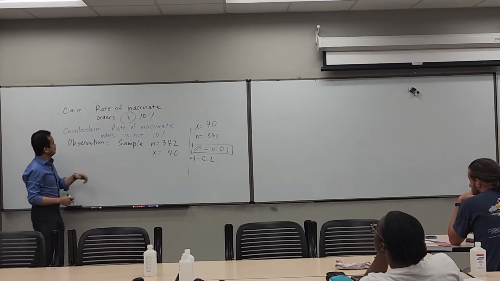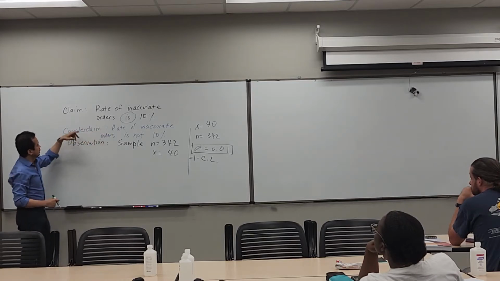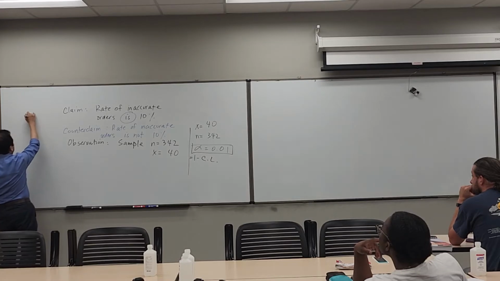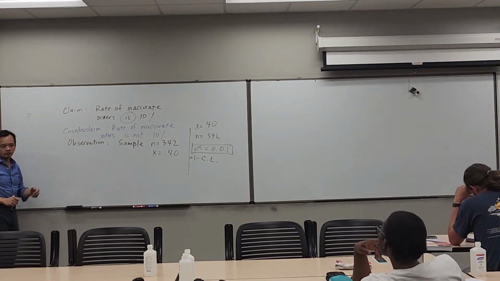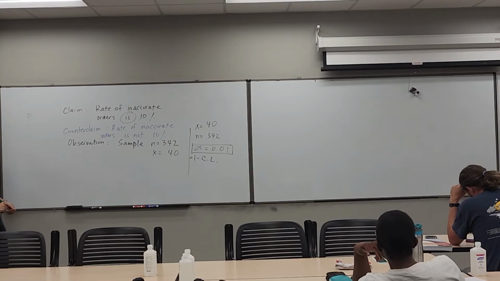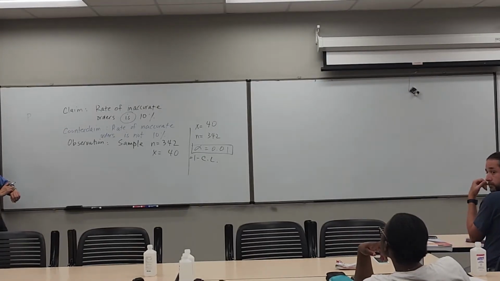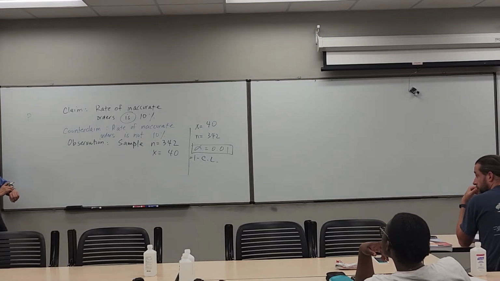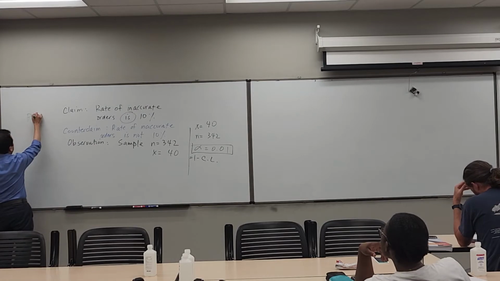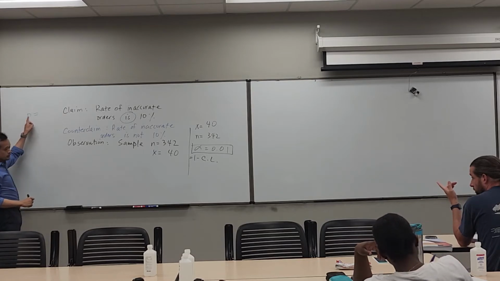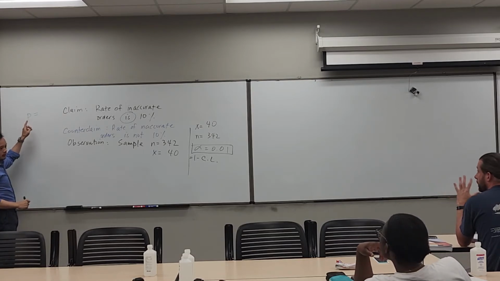So let's arbitrarily start with the claim. So for the rate of inaccurate orders for the population, we're going to use a variable P. That stands for the population proportion of success. So this is the proportion of success for the whole population.